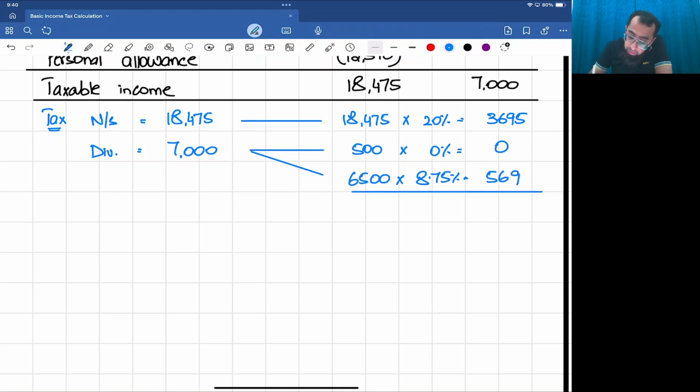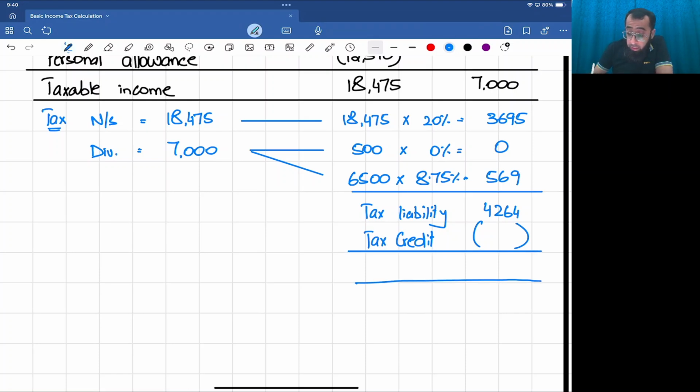You'll get your tax liability. So your tax liability will be 3,695 and 569, so it's 4,264. You adjust your advance tax, which you paid on the discretionary trust, to get your final tax adjustment.